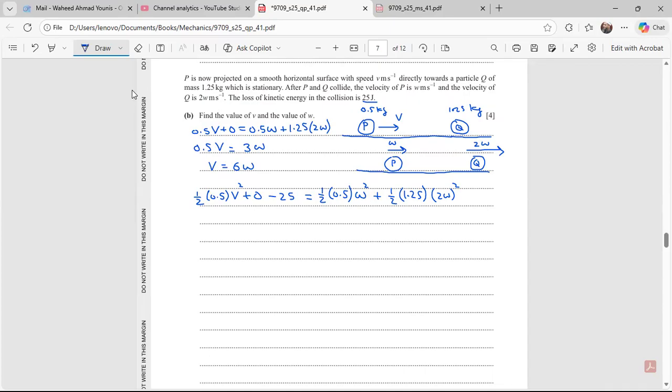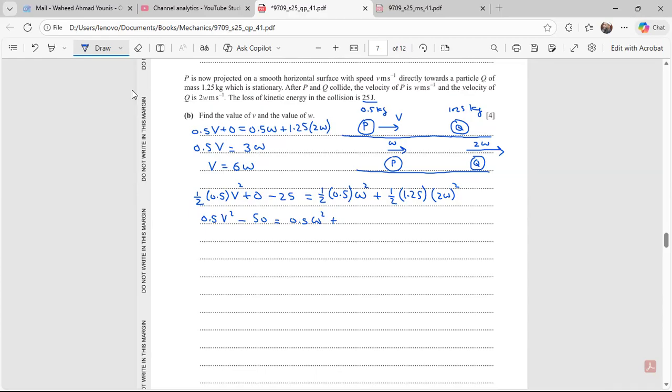So let's simplify it a little bit. First of all, I multiply by 2 throughout, so it will cancel this half from everywhere. So this is 0.5 V square minus 2 times 25 is 50 equals 0.5 W square plus, 2 square is 4, 4 times 1.25 is going to be 5. Am I right? Yes.